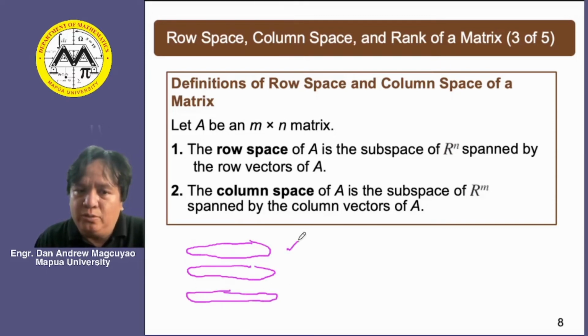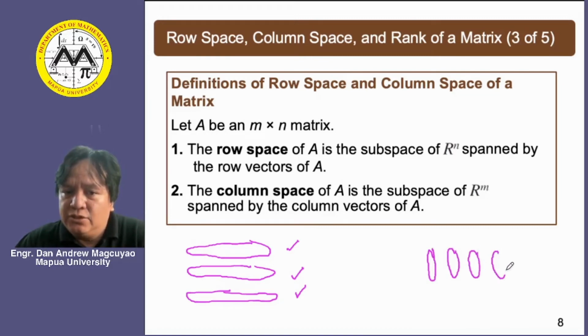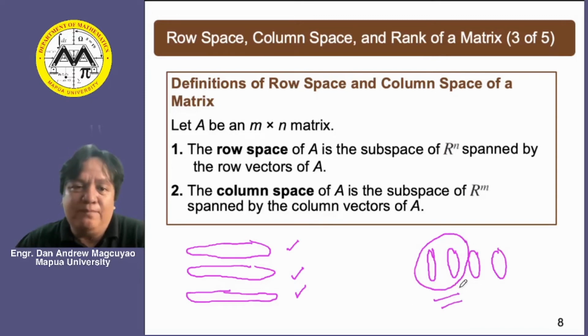So we're going to select the vectors that form a basis, and that set of vectors form the row space. Now for the column space of A, this is the subspace of R raised to m spanned by the column vectors of A. So if this is your matrix, the space spanned by the given set of vectors forms a basis for R raised to m.